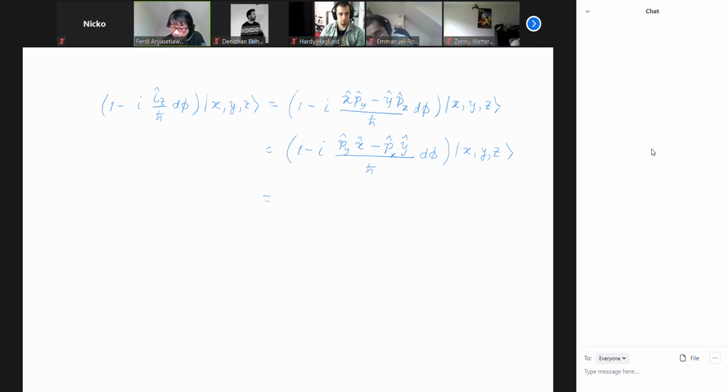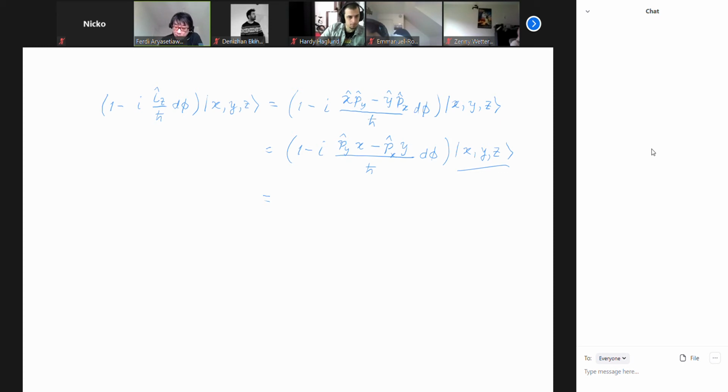Well, first of all, I have to apply this to the position eigenvectors x and y, and that will just give me x and y. So I can just get rid of the hat, because this is an eigenstate of x and y. So I can just replace the x hat with the number x, and the same with the y.